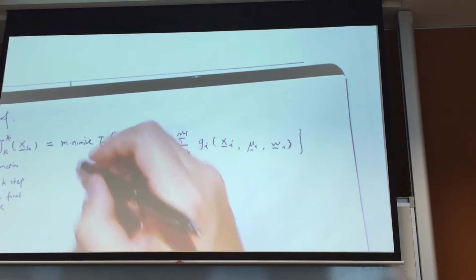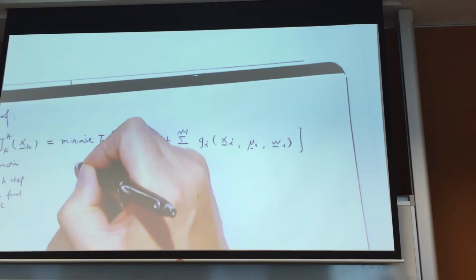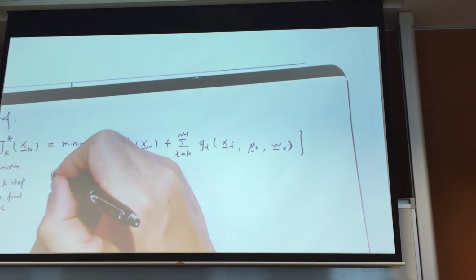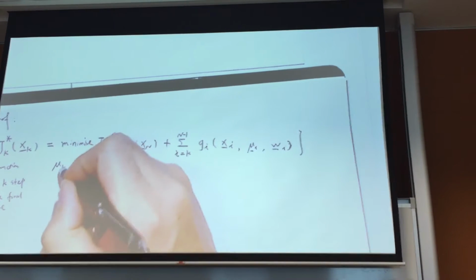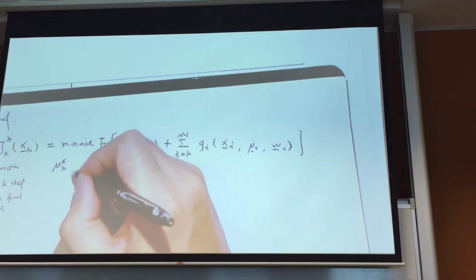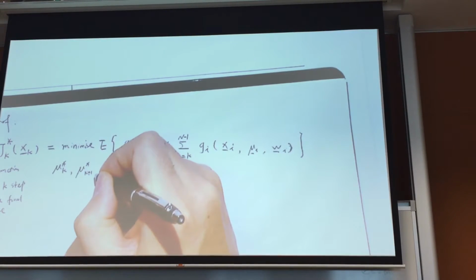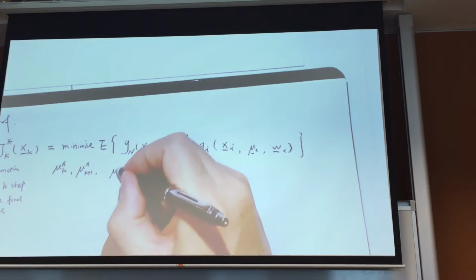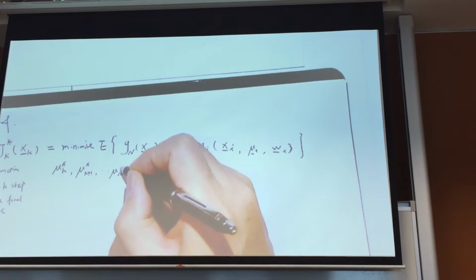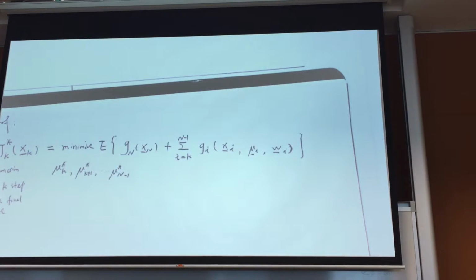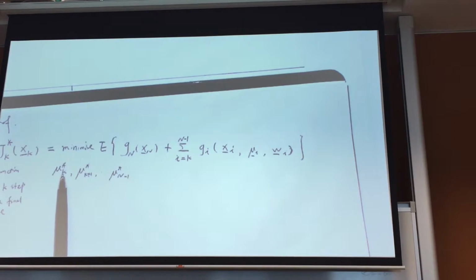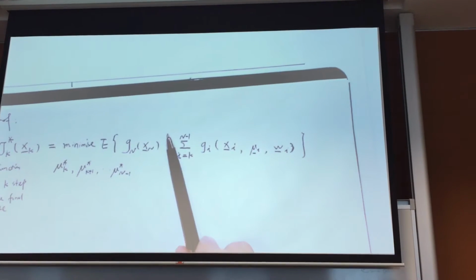So this function will be minimized or optimized in terms of the optimal policy at the kth step and the k plus 1th step, and all the way to the N minus 1st step. So we use this set of optimal control policy from step k to step N minus 1 to minimize this function.